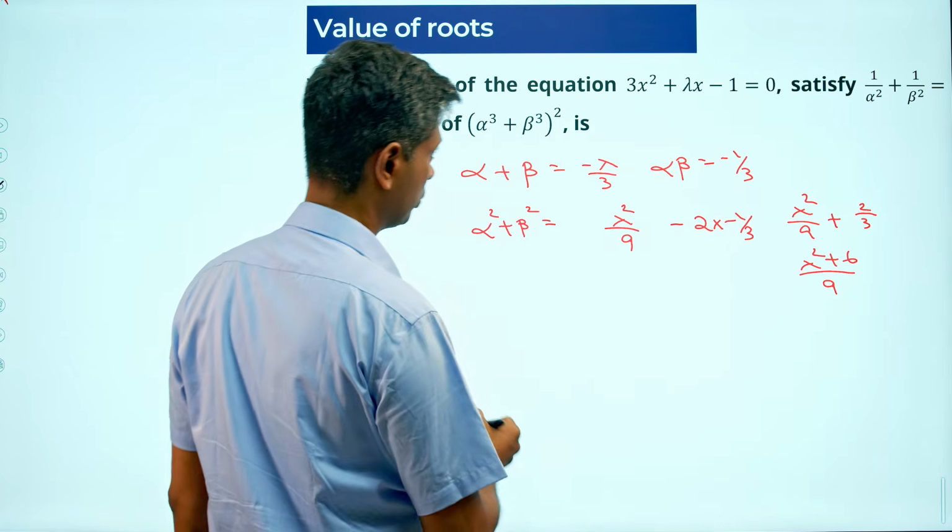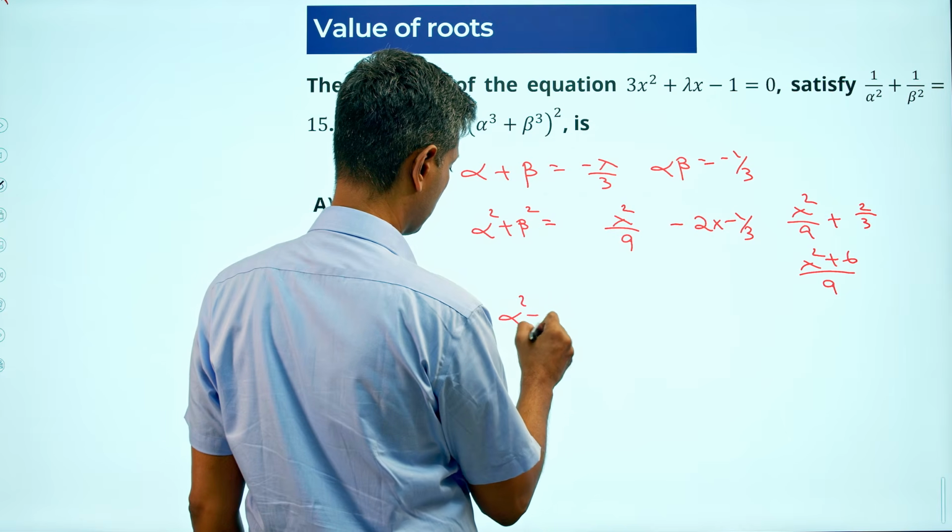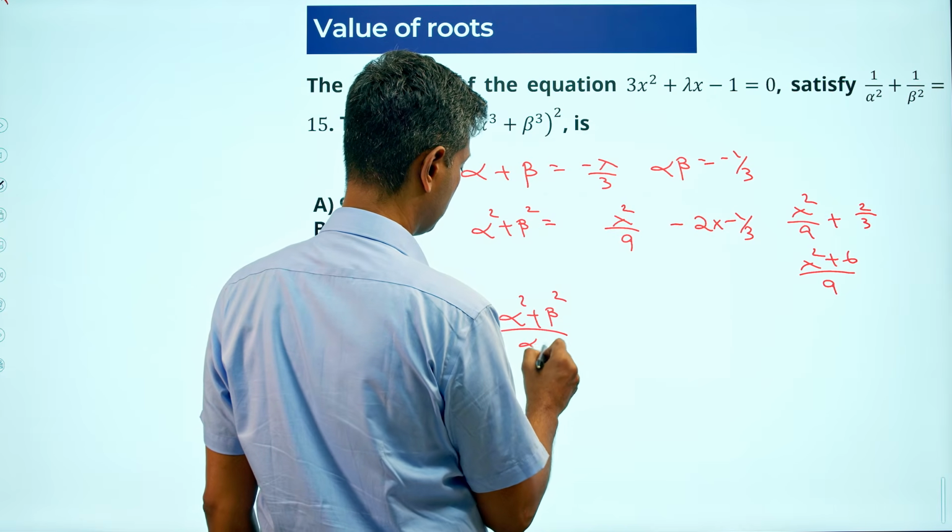1 by alpha squared plus 1 by beta squared is alpha squared plus beta squared by alpha beta.